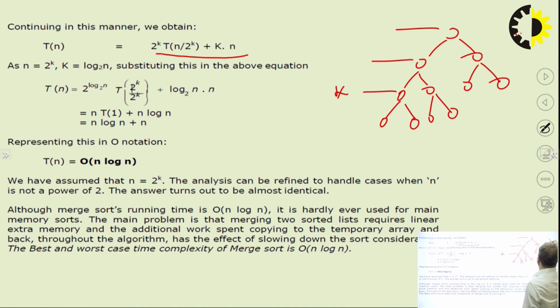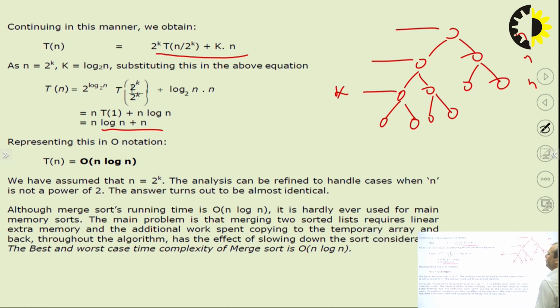Every time we get n, so at the kth position it will be k into n. So how many elements will there be? Suppose n equal to 2 to the power k, so k will be log n base 2. If we calculate, we will get n log n plus n.